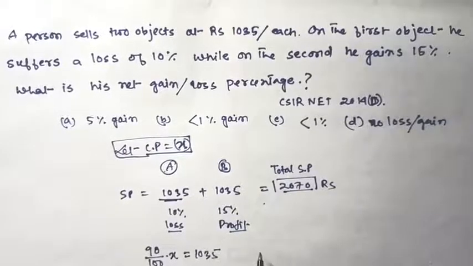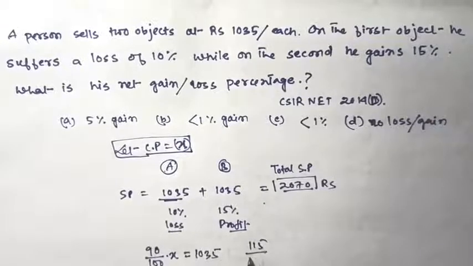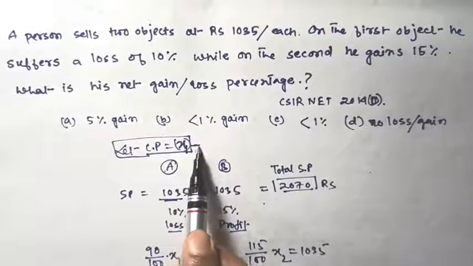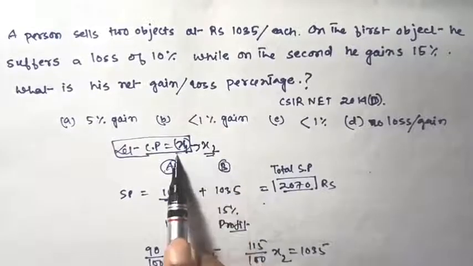Whereas in the second case you can write 115 divided by 100 into X equal to 1035. Here consider X1 and X2, as both cost prices will be different.